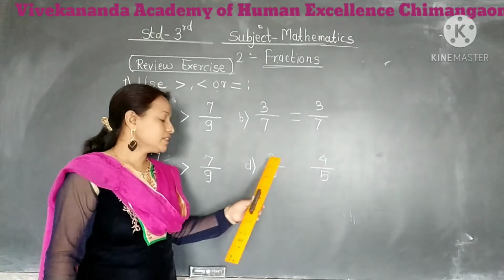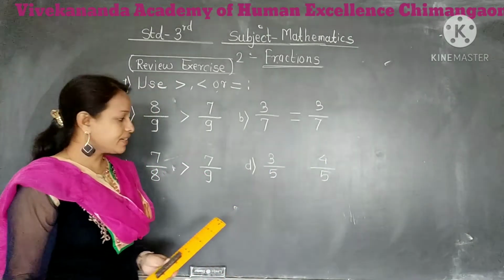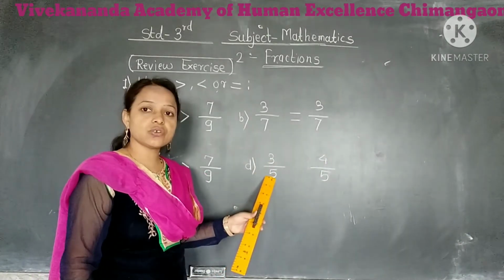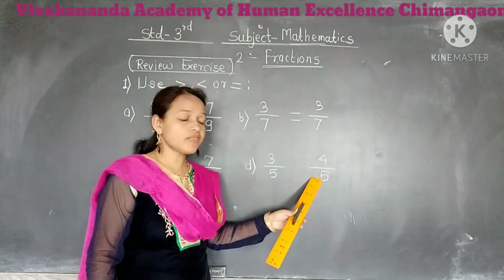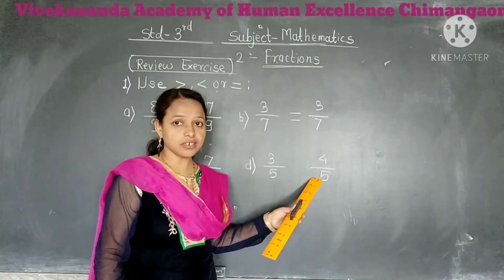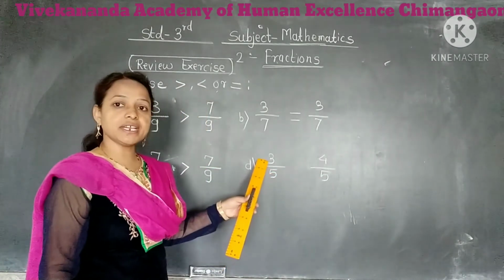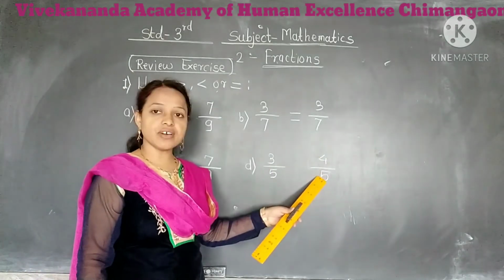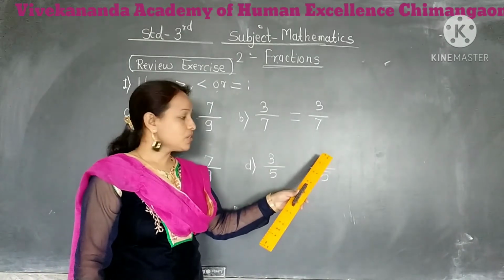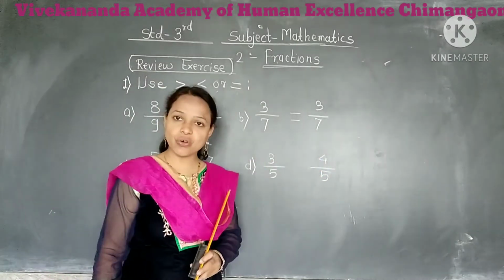Next example, 3 upon 5 and 4 upon 5. Look here. 3 upon 5, its denominator is 5, and 4 upon 5, its denominator is 5. These are like fractions, so we have to compare their numerators. 3 upon 5, its numerator is 3, and 4 upon 5, its numerator is 4. Obviously 3 is less than 4.